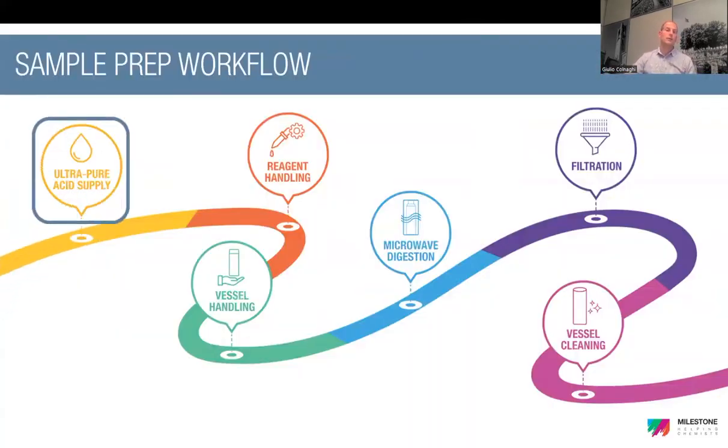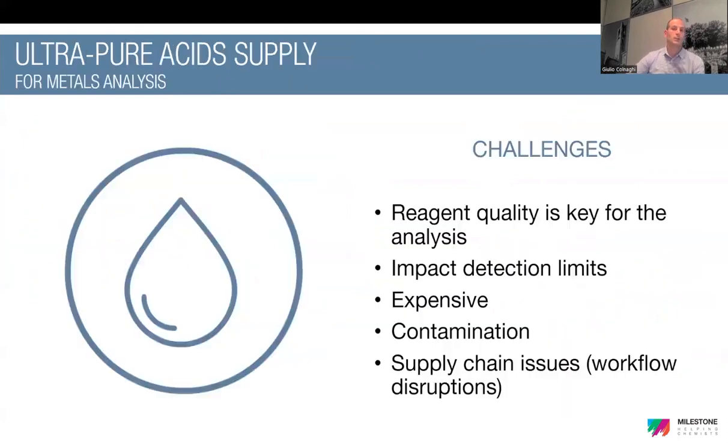Starting from the acid quality supply, if we need to work with high purity acid, we need to take into consideration that this is one of the most important parameters during our analysis, because it is widely used for preparing our sample, and so has a direct impact on the detection limits and on the blank.